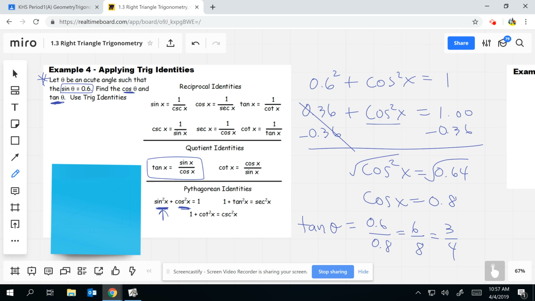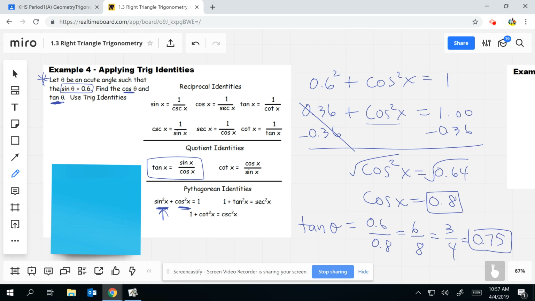So your tangent is 3/4, and if we want to keep the same theme as decimals, it would actually be 0.75. So now you know your cosine is 0.8, you know your tangent is 0.75, and they gave you that the sine was 0.6. So you've got all three trig functions as decimals, just by using these identities.